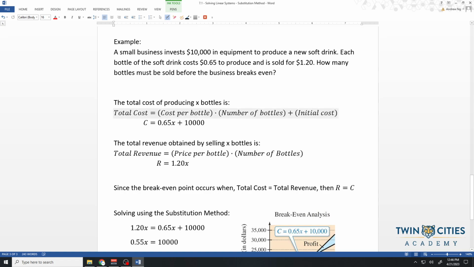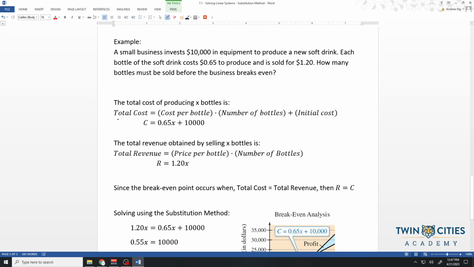The cost per bottle is 65 cents per bottle, and I don't know how many bottles I'm going to make yet, so I'm just going to use that as variable X. My cost is going to be 0.65X plus 10,000. My revenue, well, that's just how many bottles I sell times $1.20. So price per bottle times the number of bottles, 1.20, and then we used X for number of bottles here, so I'm going to use X here as well.